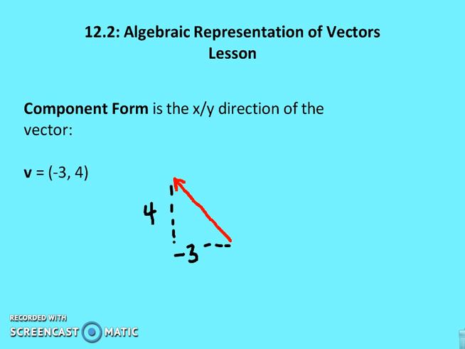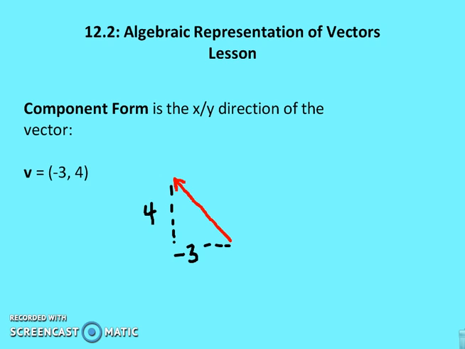So the direction vector v in this case is going to be (-3, 4), and we call the form of that direction vector, in parentheses, component form. So -3 describes the direction in the negative x direction, the negative x-axis, and then +4 in the positive vertical or y direction.